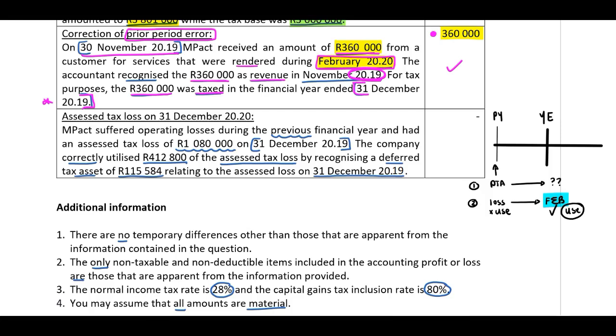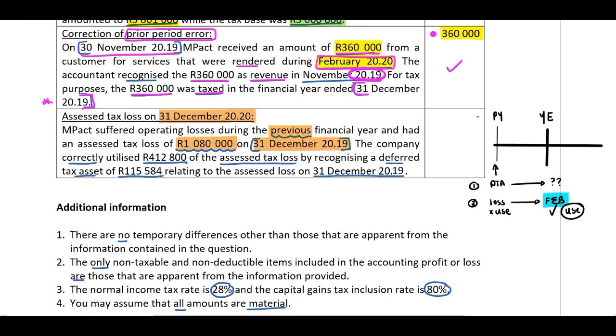Okay, now when we look at the information, there's an assessed tax loss on 31 December 2020. Impact suffered operating losses during the previous financial year and had an assessed tax loss of 1,080,000 on 31 December 2019.